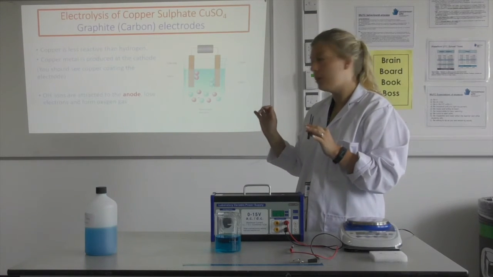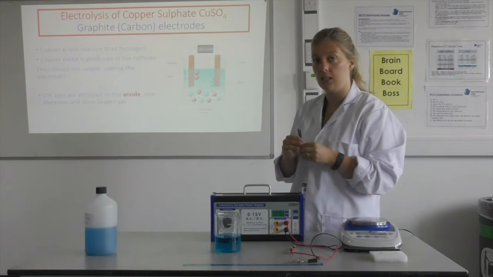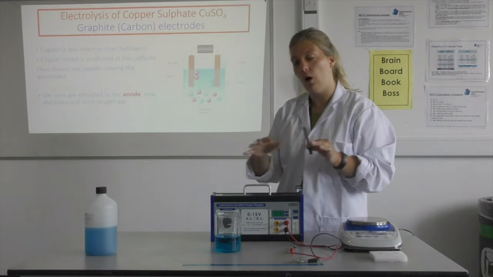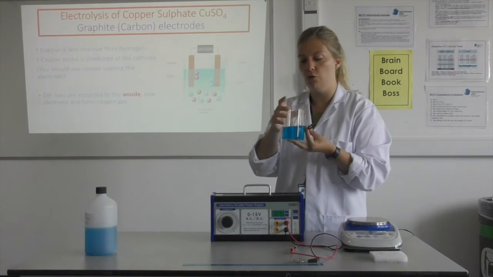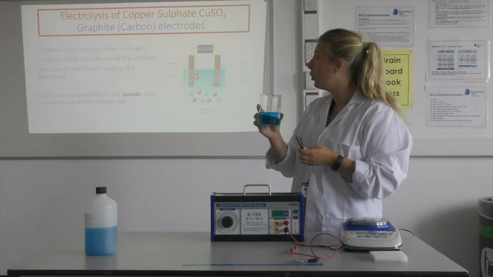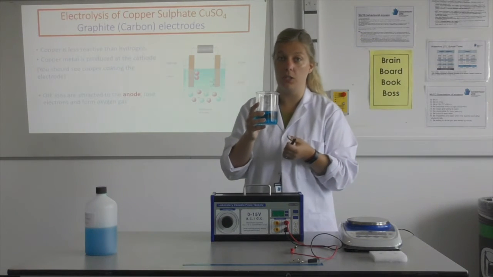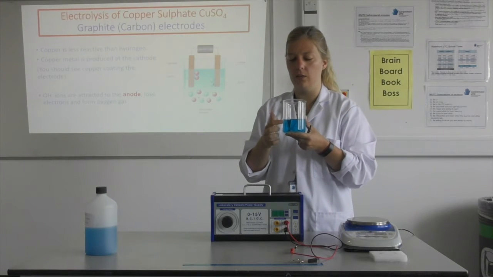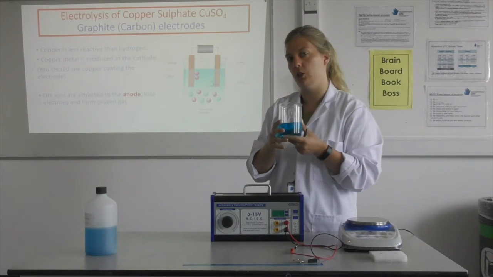So if we take a little look at my screen, let's just see what we predict based on what we already know about the chemicals involved. So we've got our copper sulfate solution. You know what ions are present here. Now our copper is positively charged, but we also have hydrogen in the solution with our water, which is positively charged.